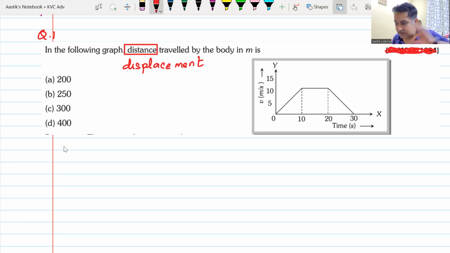So in all these cases, distance and the magnitude of displacement would be the same. Can you tell me the displacement or the distance traveled? Just have to find out the area.